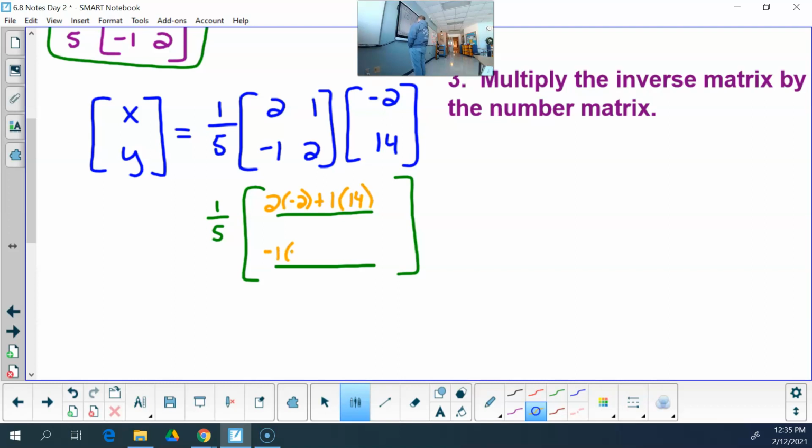Negative 1 times negative 2 plus 2 times 14. We're still going to have the 1/5 out in front. 2 times negative 2 is negative 4. Negative 4 plus 14 is 10. Negative 1 times negative 2 is 2, plus 2 times 14, that's 28. 2 plus 28 is 30.